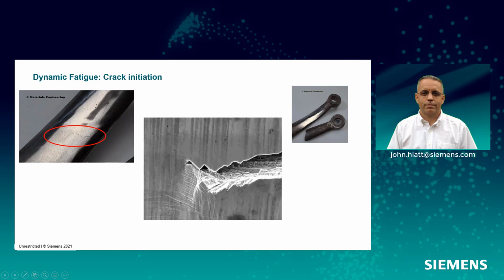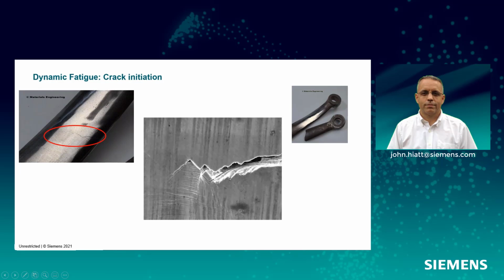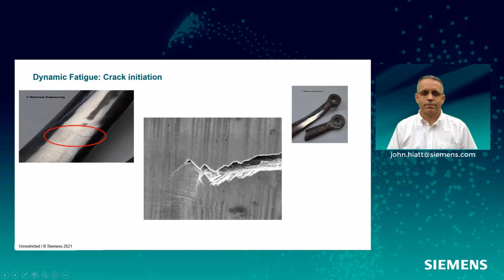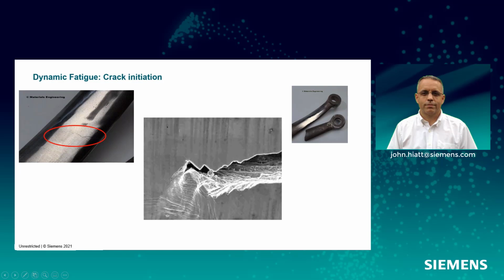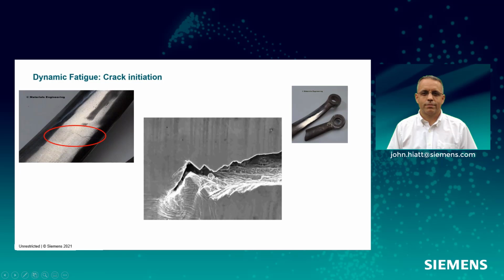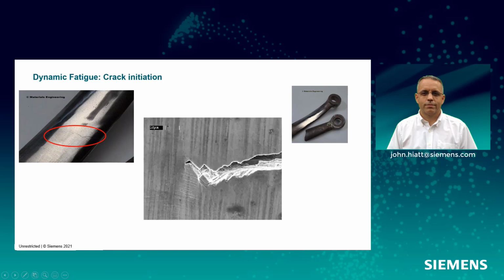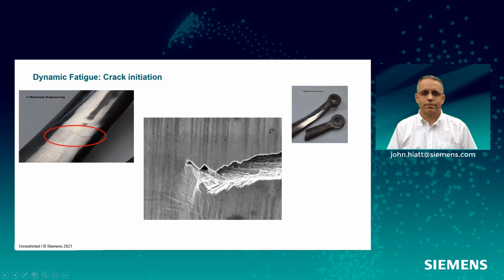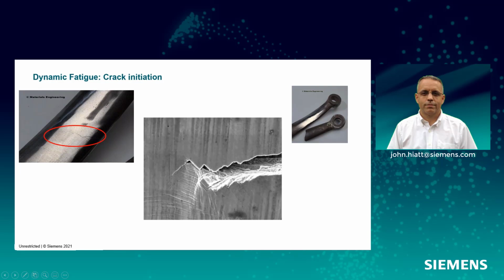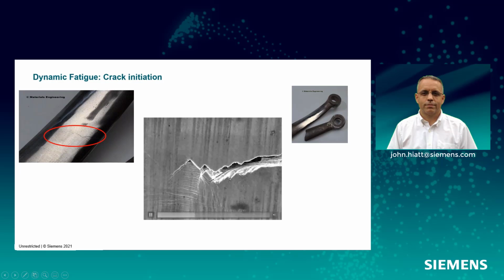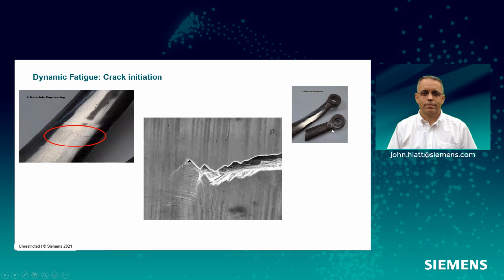When it becomes visible, we say it's cracked, it's failed. Depending on how well you can see is when you detect the crack. But once we can see it, we don't know how long we have until catastrophic failure, which is up here in the upper right. We try to avoid this.